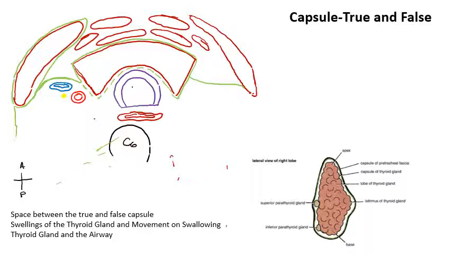Also, from the posterior medial aspect of the lobes to the cricoid cartilage was present a thickening of the fascia, which is known as the ligament of Berry. And what we can see in this diagram is the lower end of that particular part. Right? So this would be the ligament of Berry.